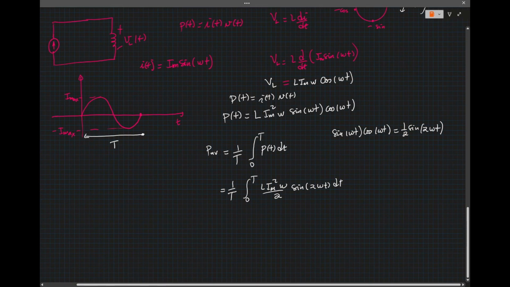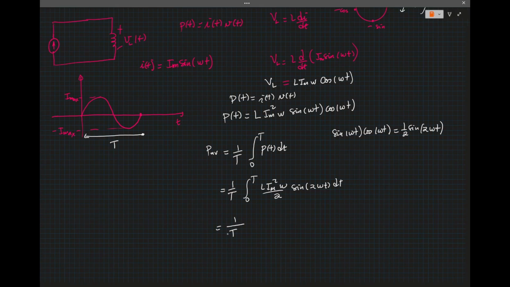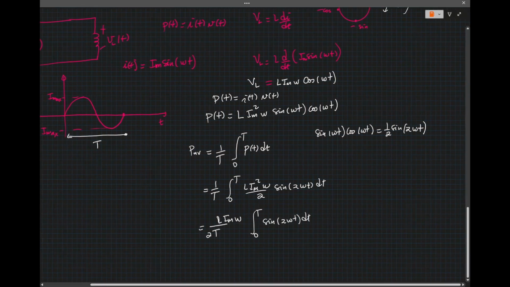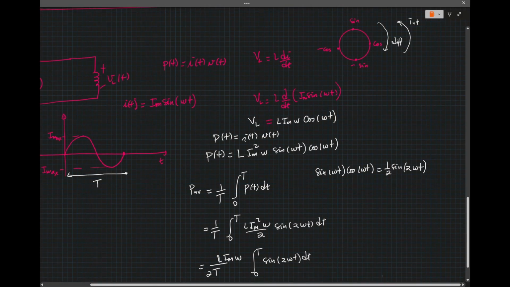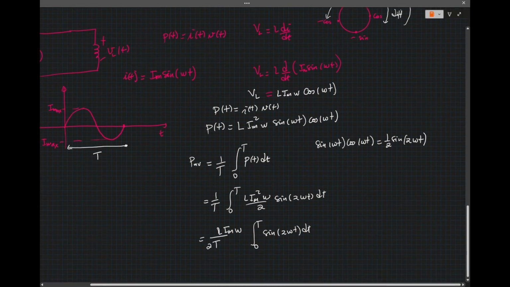When I integrate this function, I have 1 over 2T, L I_m squared omega, and then integral from 0 to T of sine 2 omega t dt. When I integrate sine, I get negative cosine.